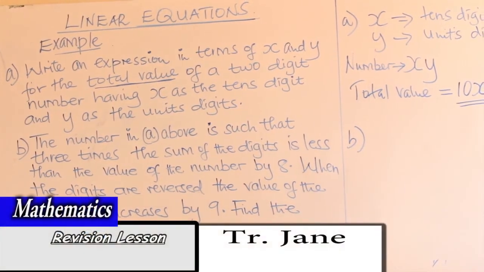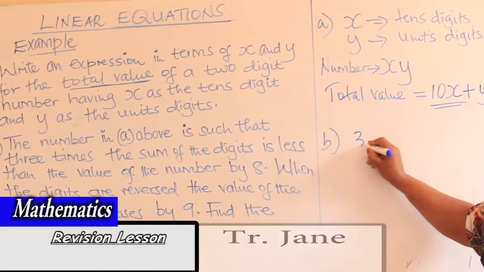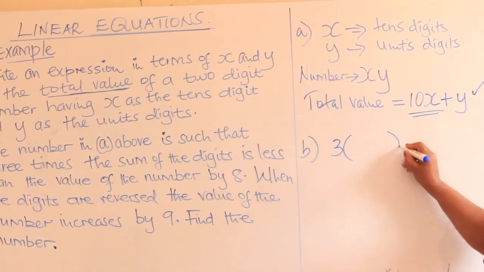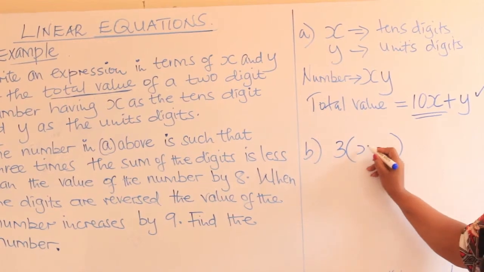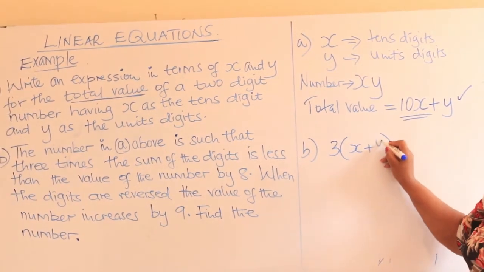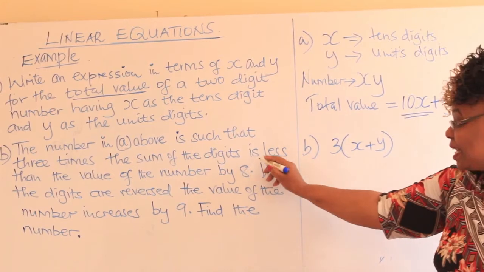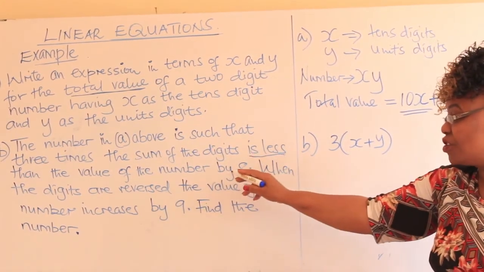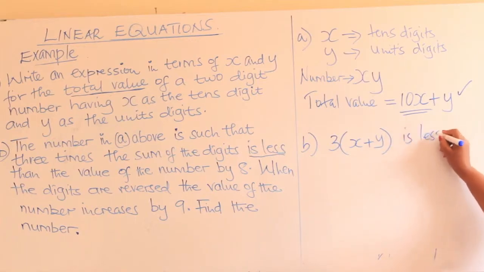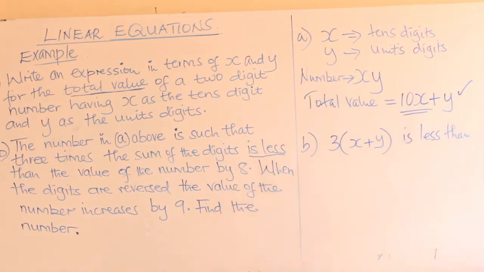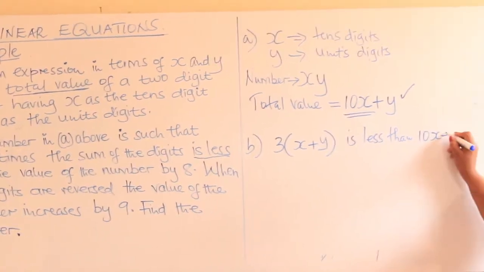How do we write that in short? 3 times the sum of its digits, x plus y, is less than the value of the number by 8. What is the value of the number? The value of the number was this, 10x plus y.